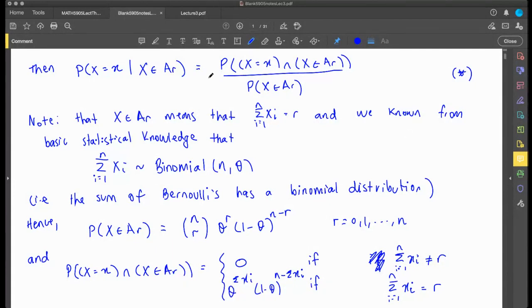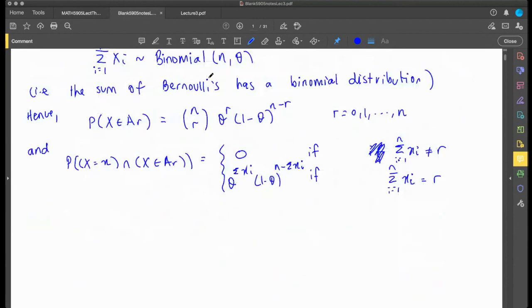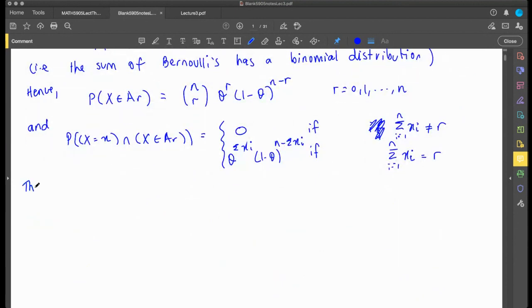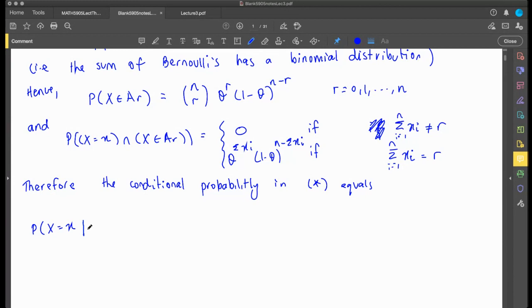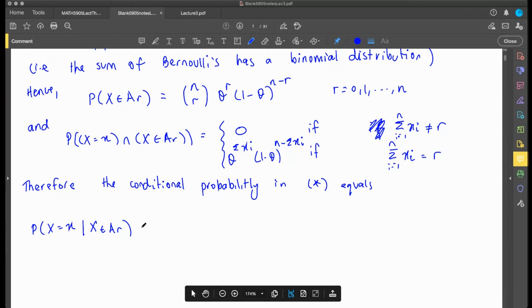We ideally want this expression not to depend on theta to show sufficiency, by definition. So let's compute that conditional probability by using the two facts that we just discussed. Therefore the conditional probability, in what we called star, is the probability that X takes the value x, given I know that X belongs to the set of my partition A_r, or r successes. Again, we still have the two cases.